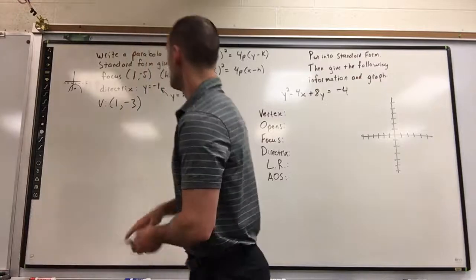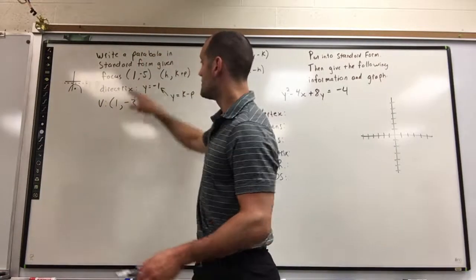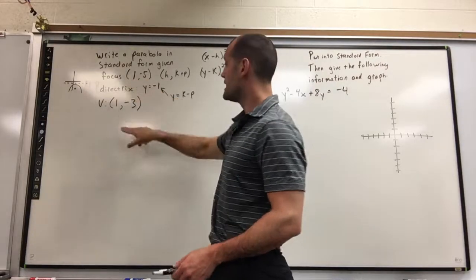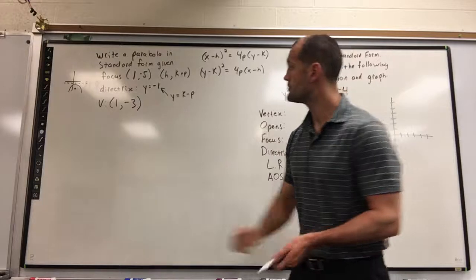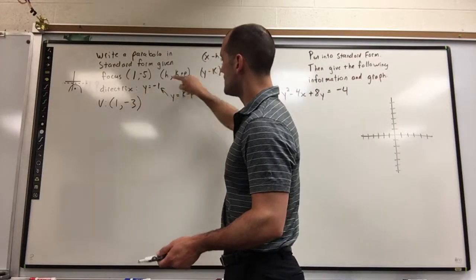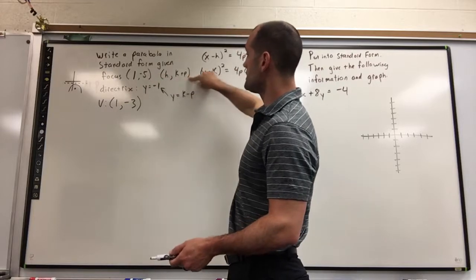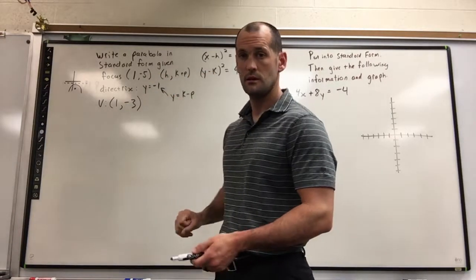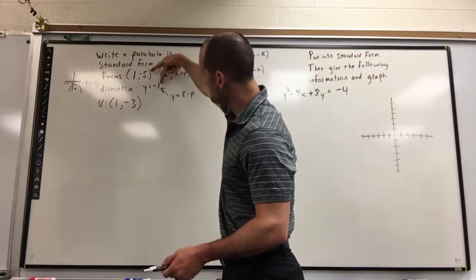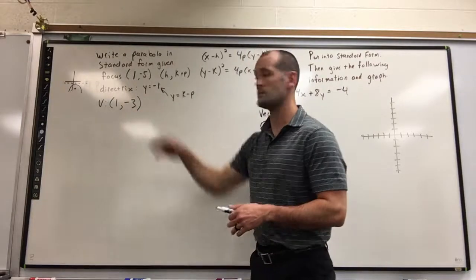Because notice, my x value is not changing from the focus. My x value is 1 in the focus, it's going to be 1 in my vertex, because I'm opening vertically. My h is 1. My k, if -5 is k plus p, and -1 is k minus p, well then k has to be directly in the middle of these two. So I got -6 divided by 2 is -3.